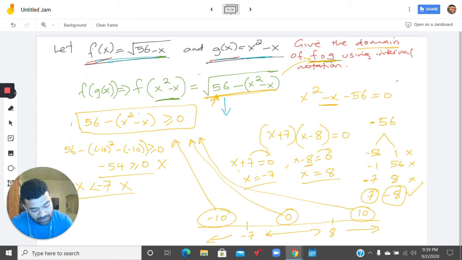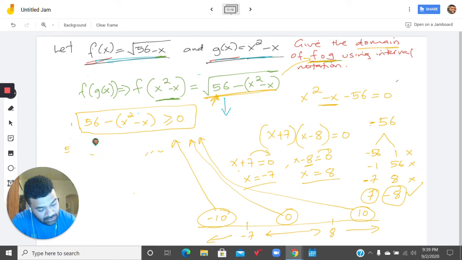Now let me clear this part right here. So x less than negative 7 is false. It's not true.